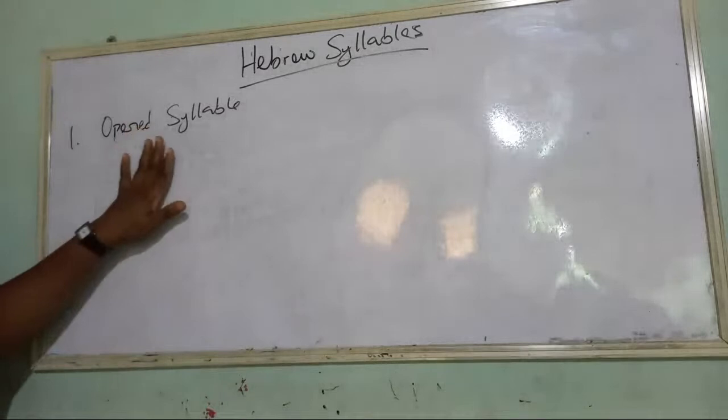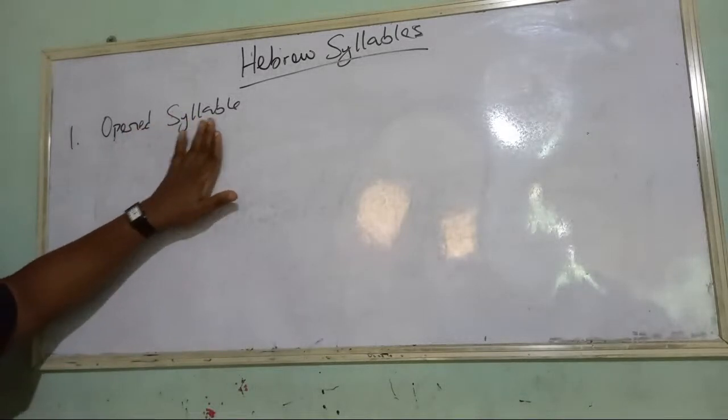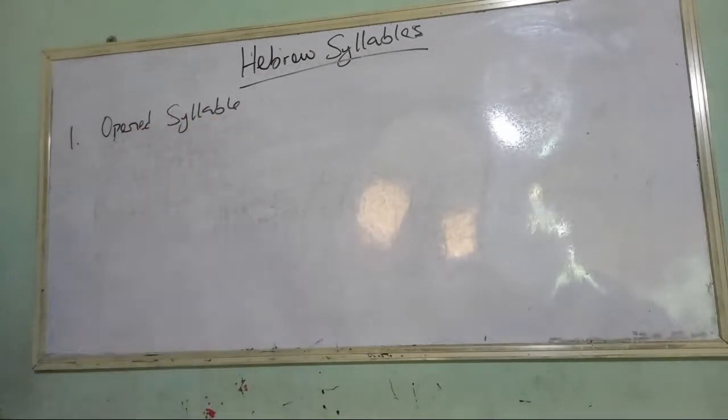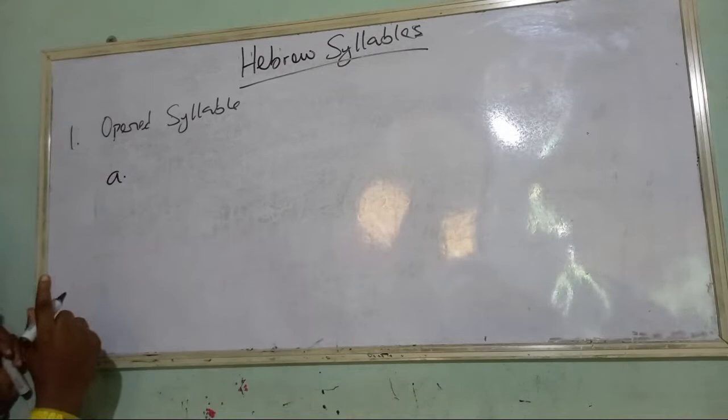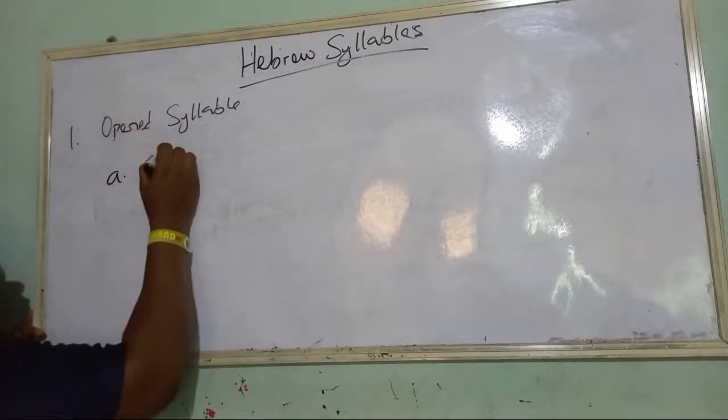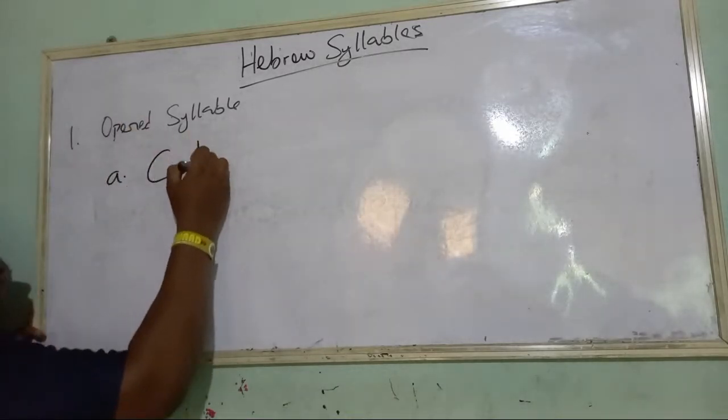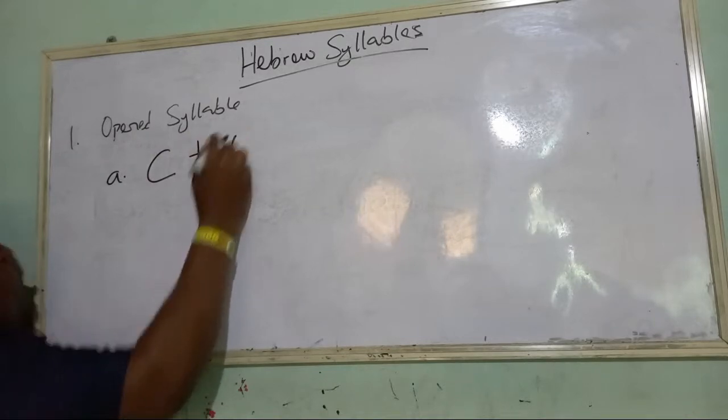The first one we are learning is when a syllable is open. The pattern of an open syllable is consonant plus vowel.